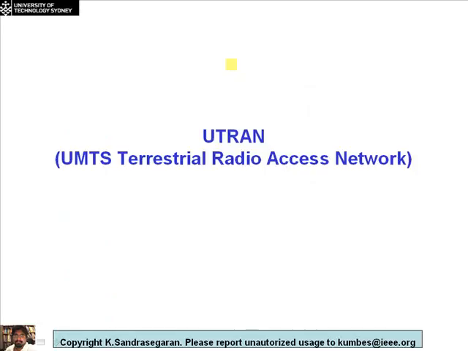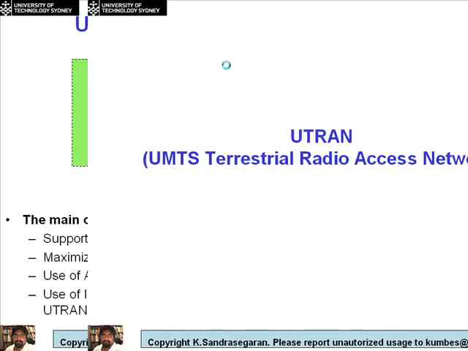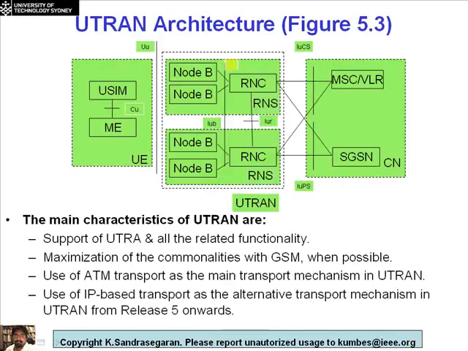Okay, so we move on to the next component, and possibly the most complex one is the UTRAN. Remember, both the UE and the UTRAN are the new network elements, because most of the network elements in the core network are all inherited from the GSM network. Now, if you look inside the UTRAN, the new network elements are the Node B and the RNC.